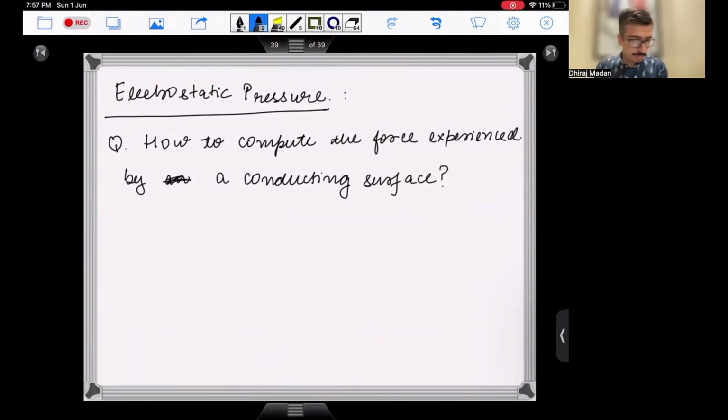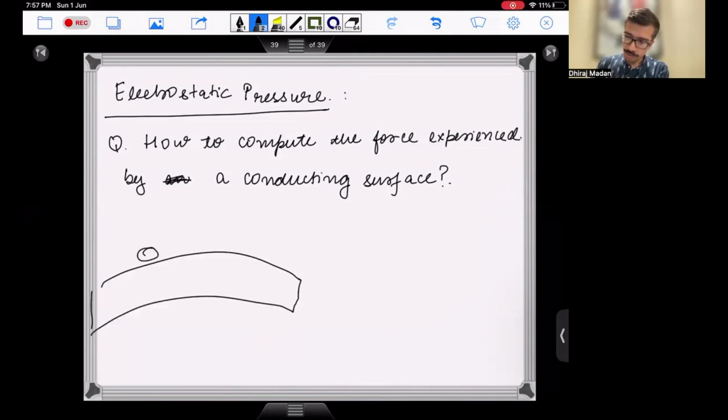In order to compute the force, we first try to compute the force experienced by a patch. So let's look at the same thing again. We had this surface, and we drew a cylindrical surface.